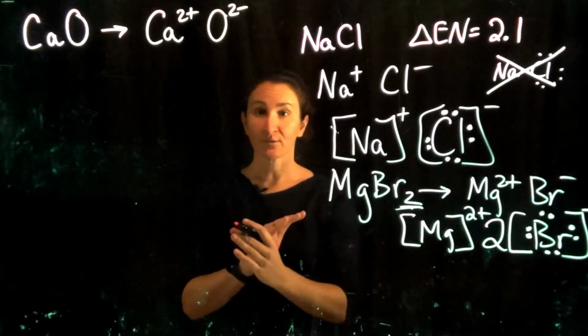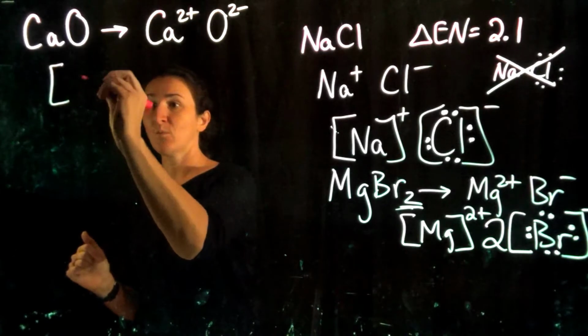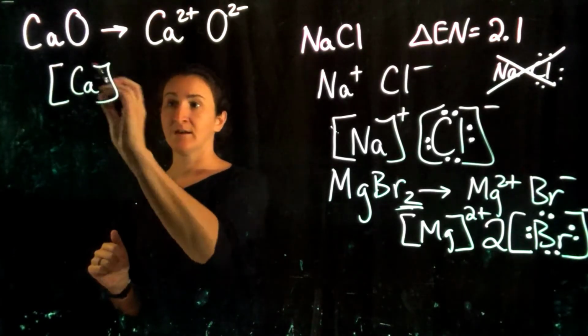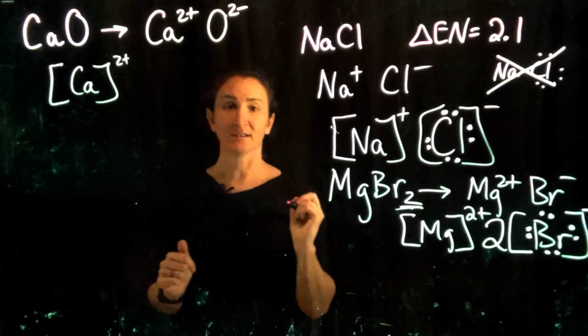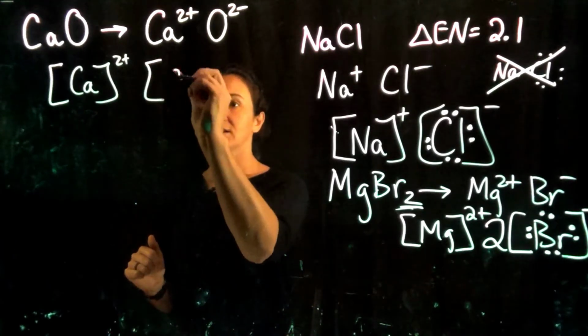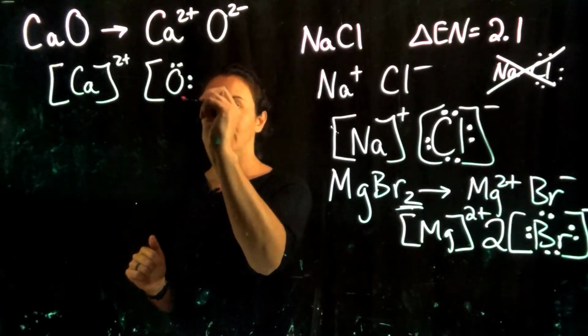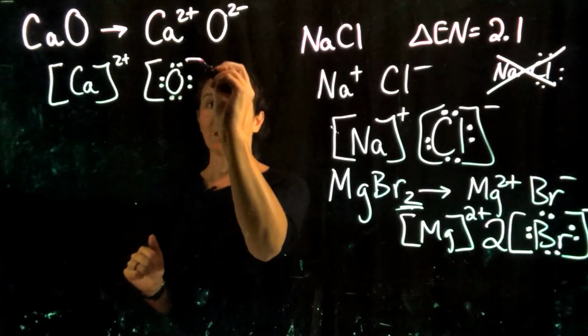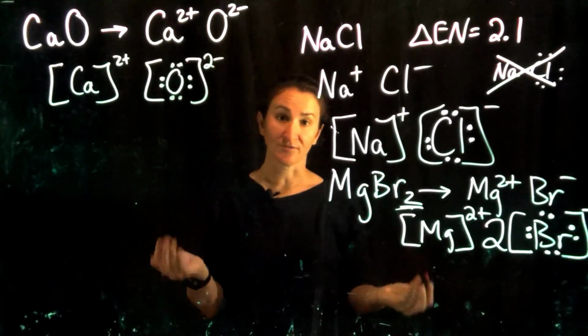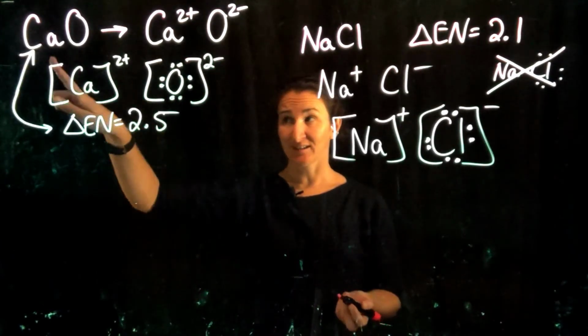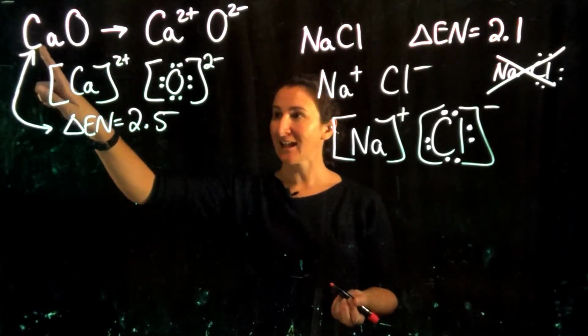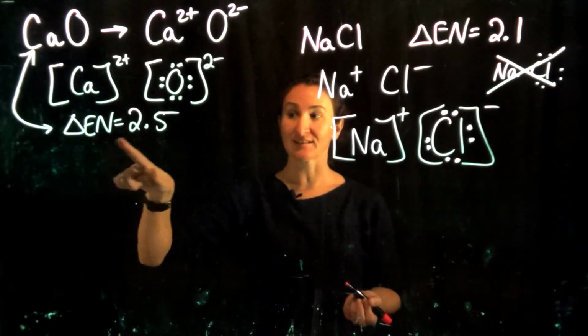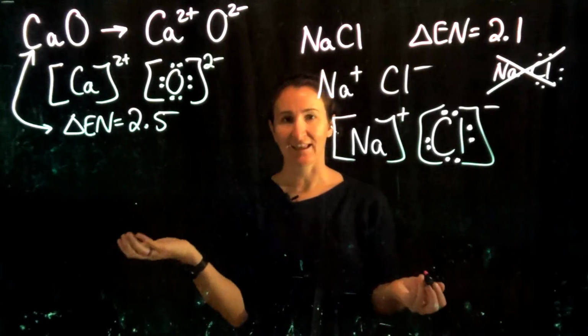When we draw our Lewis structures, you do it the same way with calcium, no electrons around it, 2 plus on the outside, oxygen with 8 electrons around the oxygen symbol, and a 2 negative on the outside, and you're finished. Let's check the electronegativity difference for calcium oxide. It has an electronegativity difference of 2.5, so it's definitely ionic.